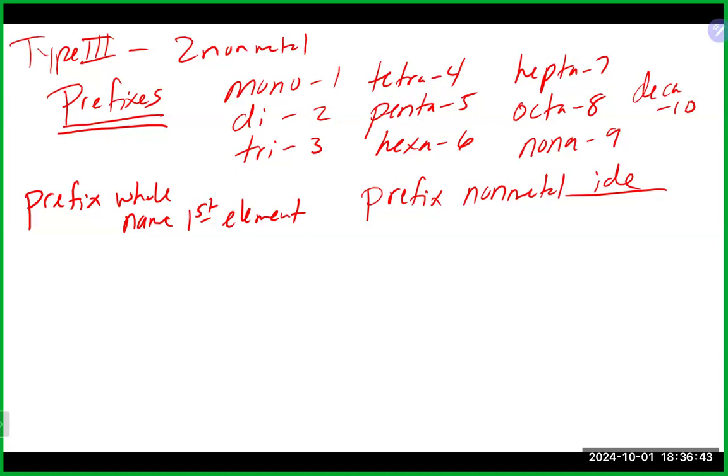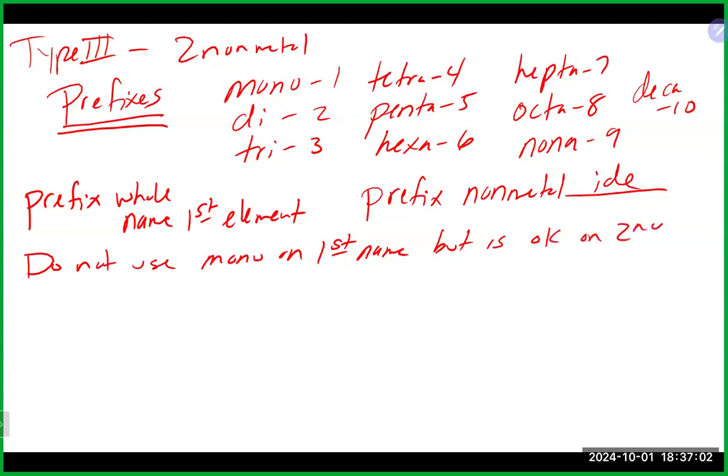Now, there are a couple of rules. One major rule is we do not use mono on the first name, but it is okay on the second. The other thing that happens sometimes is when you take a prefix and the first letter of the element after it, you will get two vowels that back up to each other.